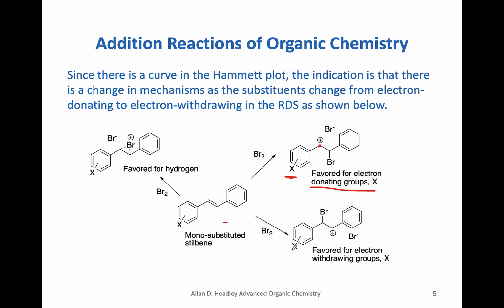You can see down here, however, if we have an electron withdrawing group, this is no longer favored to put the positive charge here, so it goes over to here where there is no electron withdrawing group adjacent to it to destabilize it. As you can imagine, here is what happens in the middle.